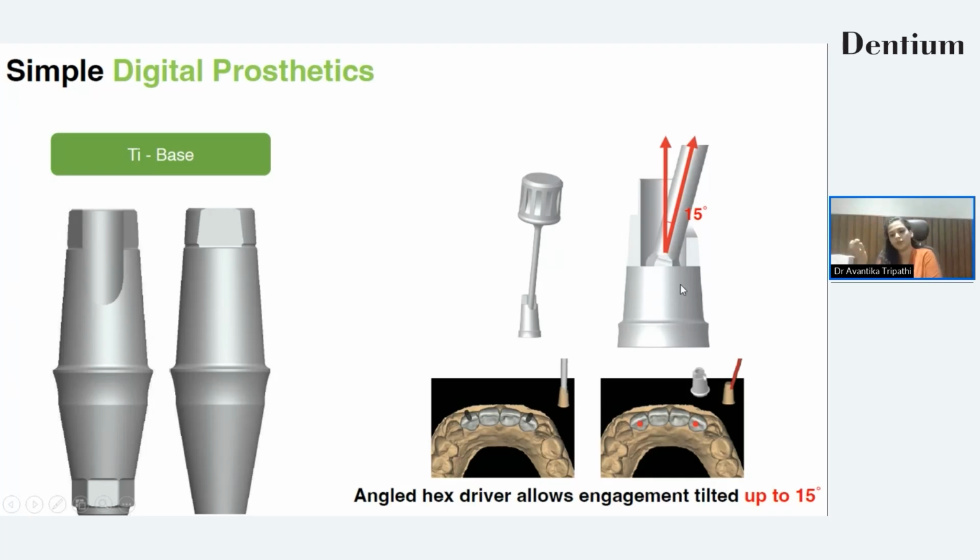So from the palatal area, I can reach to the labial side. For that, we have to use the angled hex driver only. If I use my regular hex driver, that will not serve the purpose, because I need to reach from the palatal side to the labial screw, but the screw's access hole will be on the palatal side.